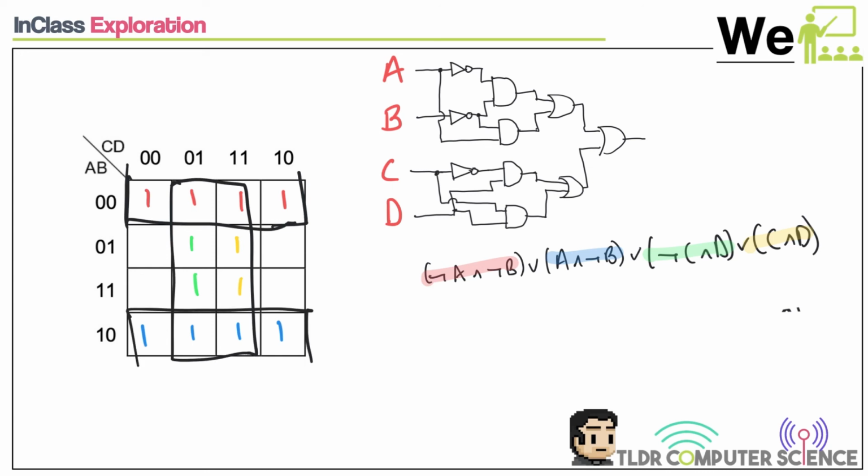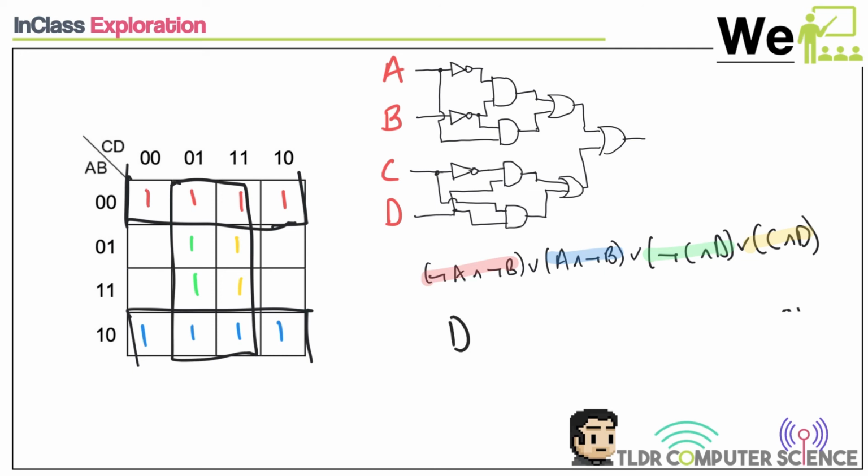Since there's 8 in this box, in a 4-variable Karnaugh map, how many variables will be identified with an 8 box? Just the one. So remember, we see what stays the same. C does not stay the same. D does stay the same, so it must be D. You can see here that A and B are different, so it's going to be D.